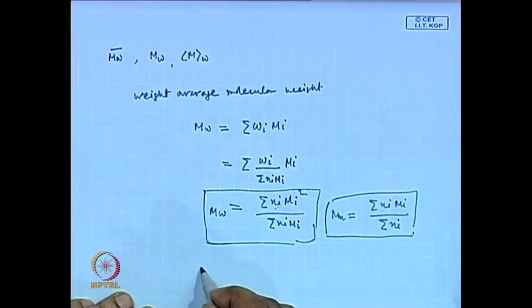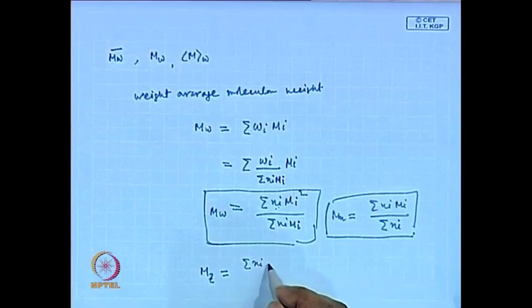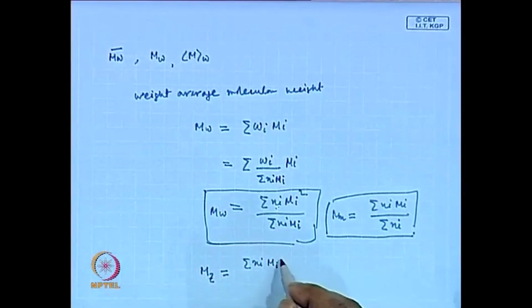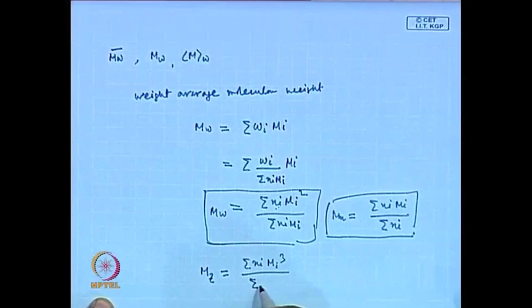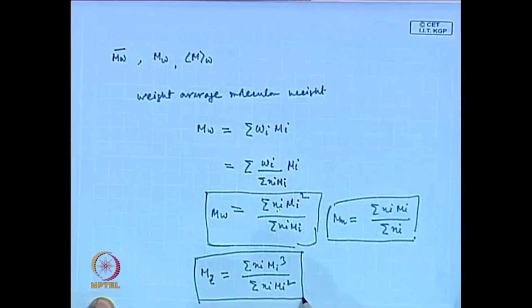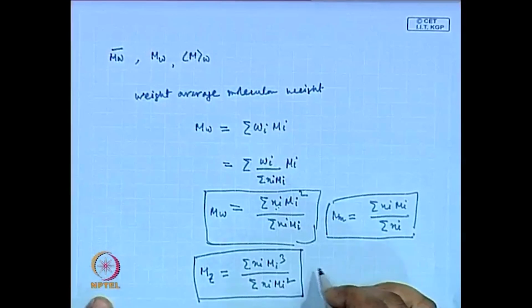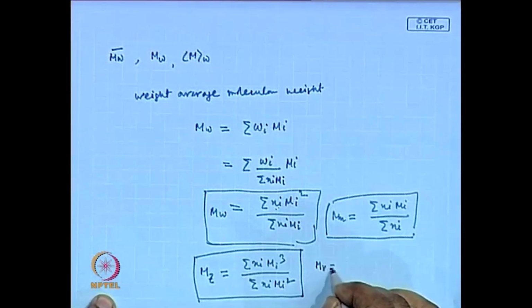Now, there is another molecular weight defined, Mz, which is the sum of Ni Mi cube divided by the sum of Ni Mi square. This is Mz. And sometimes viscosity is used to determine the molecular weight, which gives you the viscosity average molecular weight Mv.